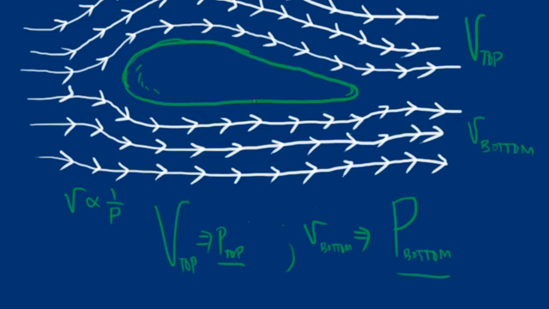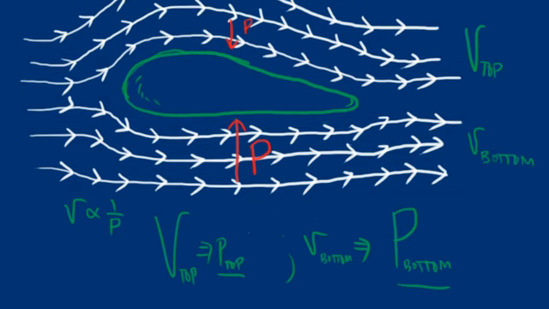Since we have a higher pressure below, as compared to on top of the aircraft, it provides the lift needed to push our plane up above the ground and enable it to fly. So that is Bernoulli's principle in action.